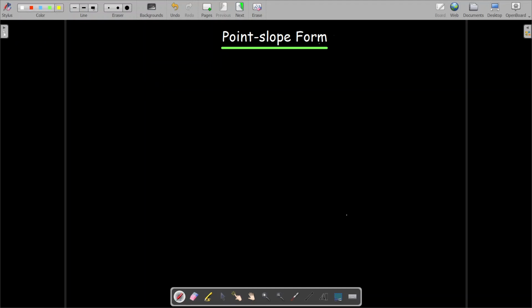They will be in this form: y minus y1 equals m times x minus x1. So this is the point slope form.